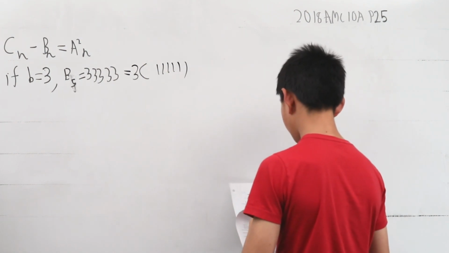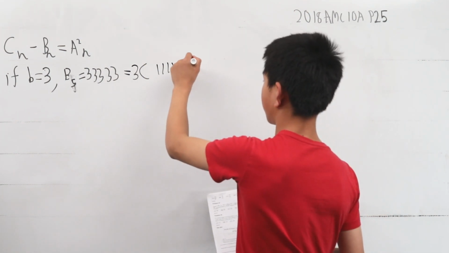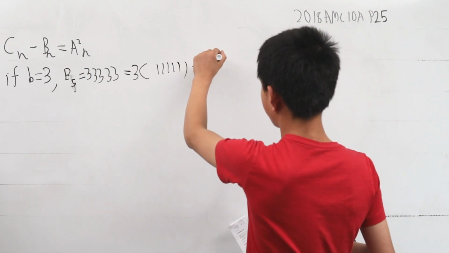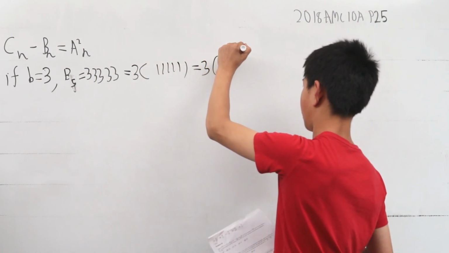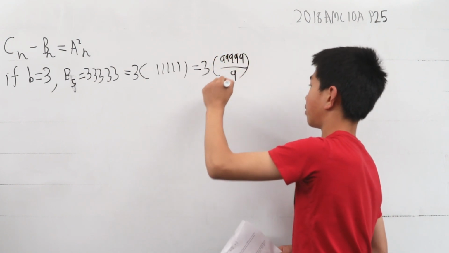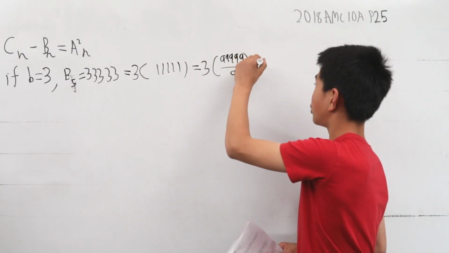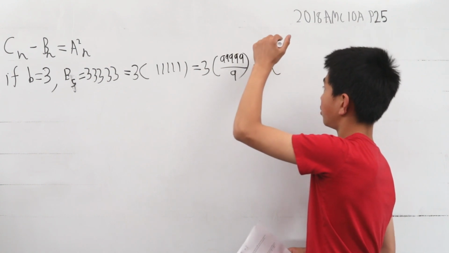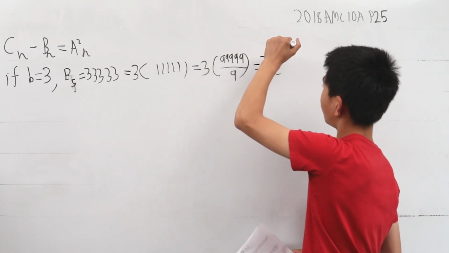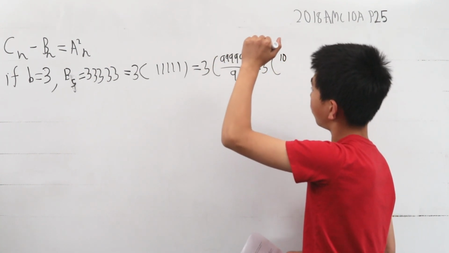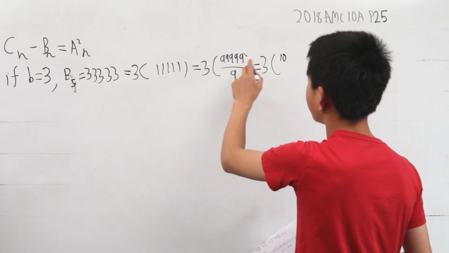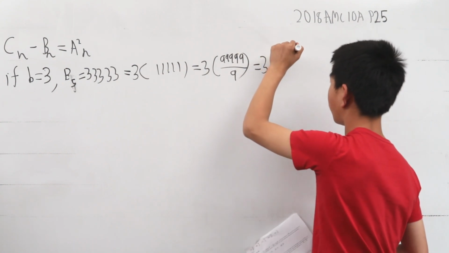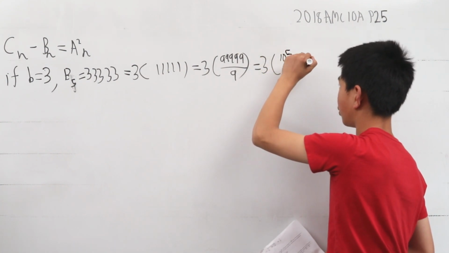But is that it? Well, we're not done yet, because this can be rewritten as 9, 9, 9, 9, 9 over 9, which is also 3 times 10 to the power of 5 minus 1 over 9.